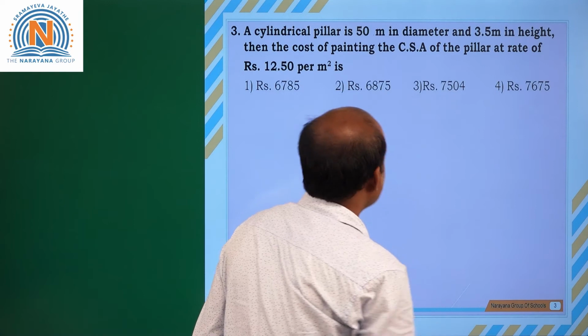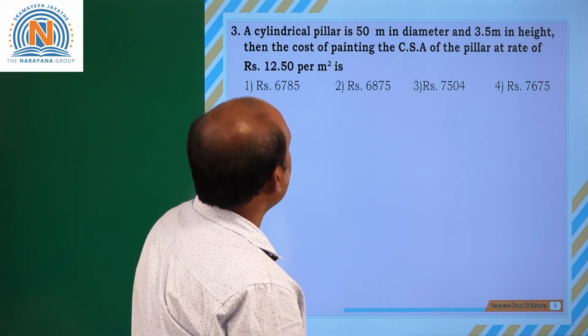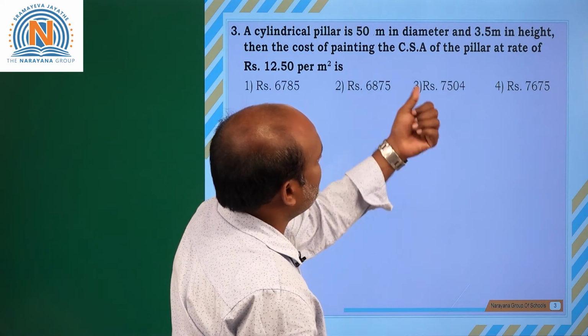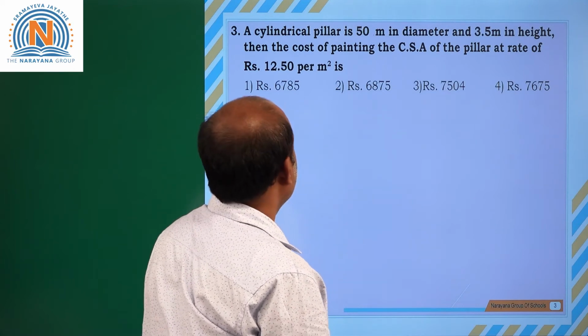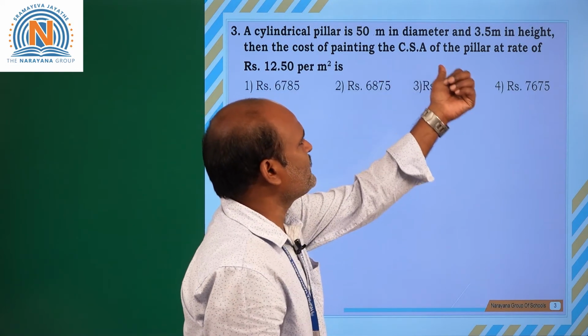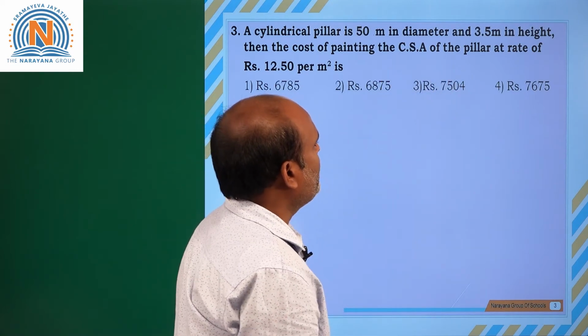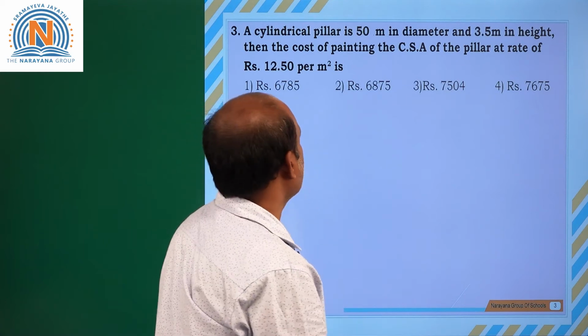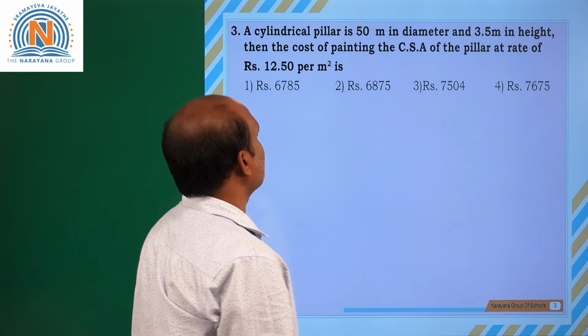Now coming to the next one: a cylindrical pillar is 50 meter in diameter and 3.5 meter in height. Then the cost of painting the CSA, the curved surface area of the pillar, at the rate of rupees 12.50 per meter square is.